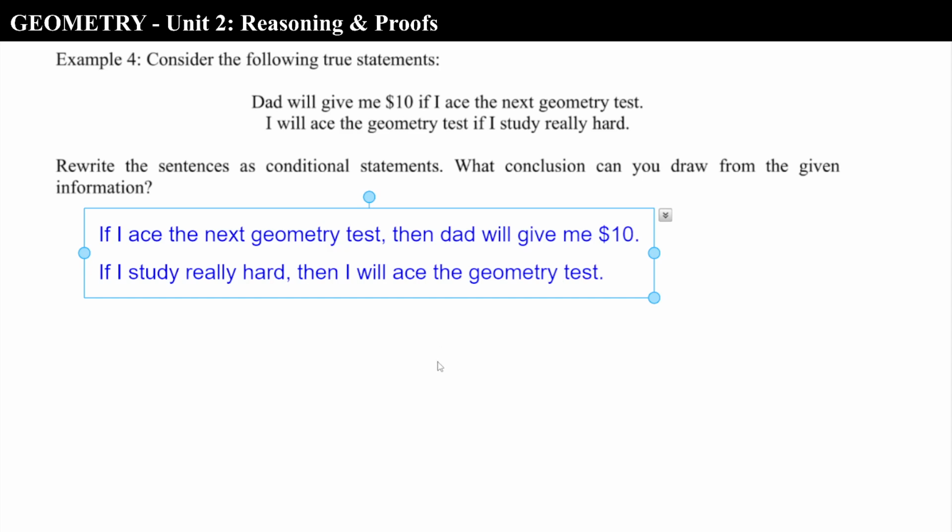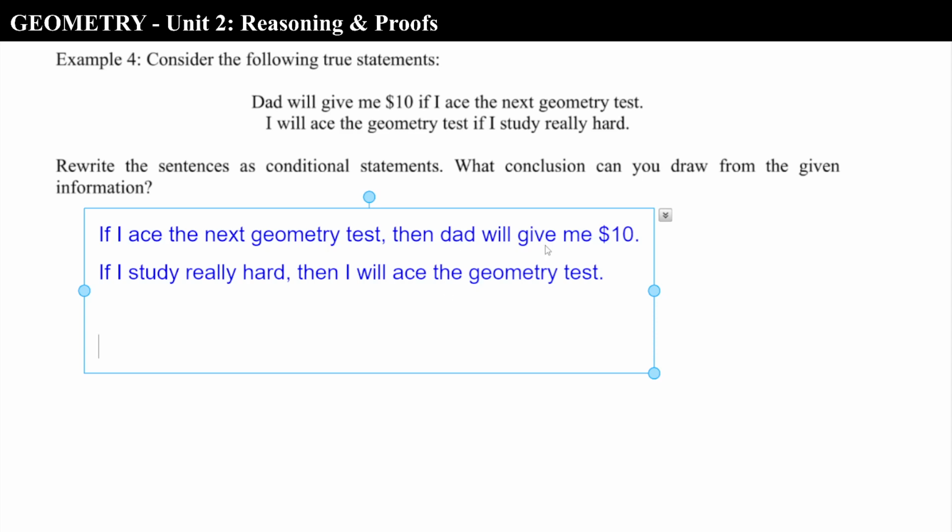Well, can we come up with a conclusion for this one? Well, if I ace the next geometry test, then Dad will give me $10. If I study really hard, then I will ace the geometry test.